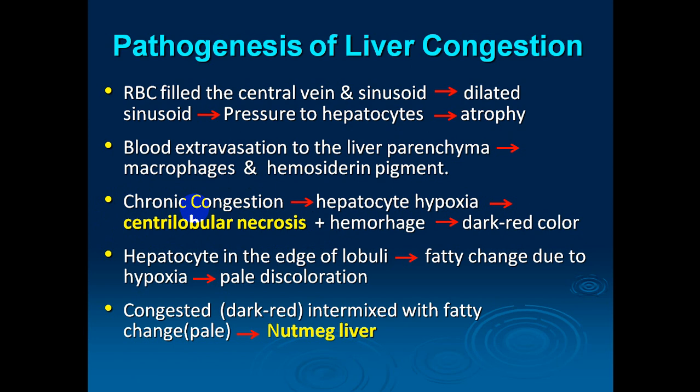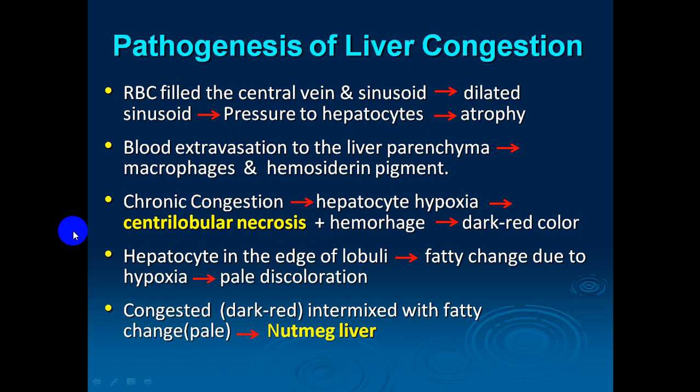Centrilobular necrosis means necrosis that happens around the central vein of the liver. Why does it happen? Because the cells most susceptible to hypoxic conditions are the cells around the central vein.